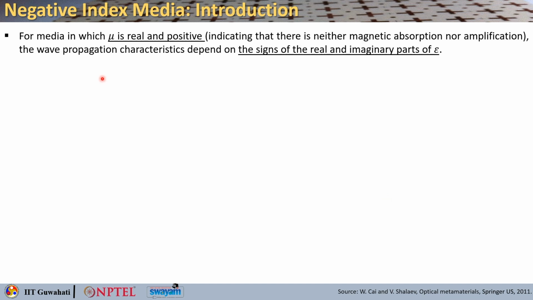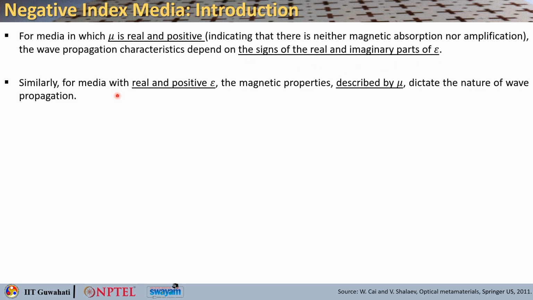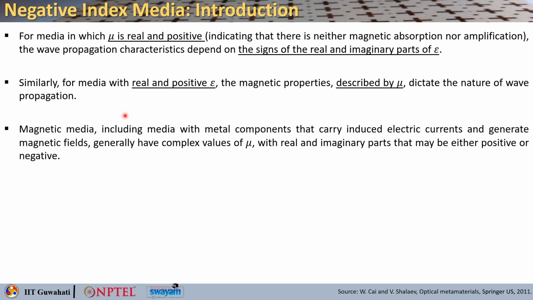For media in which mu is real and positive, that indicates there is neither magnetic absorption nor amplification. The wave propagation properties solely depend on the signs of the real and imaginary parts of the permittivity epsilon. Similarly, for media with real and positive epsilon, the magnetic properties described by mu dictate the nature of wave propagation.